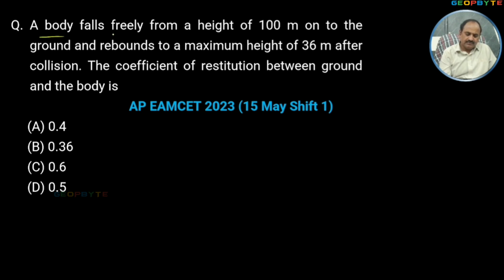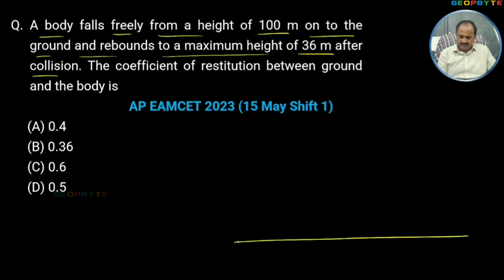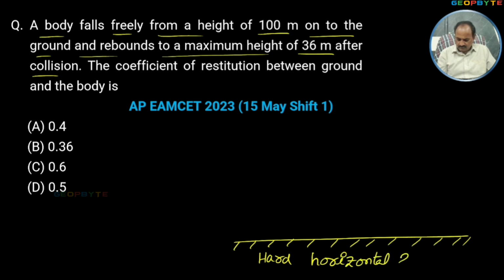A body falls freely from a height of 100 meters onto the ground and rebounds to a maximum height of 36 meters after collision. It is like this. Let this be the hard horizontal surface.